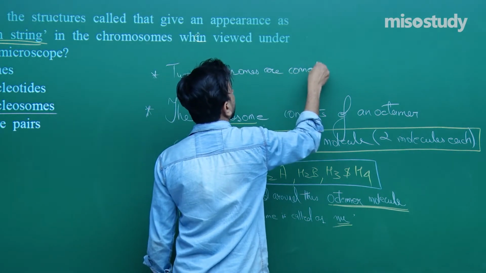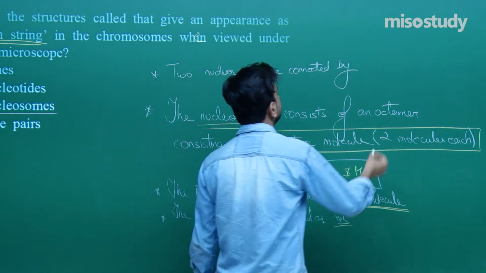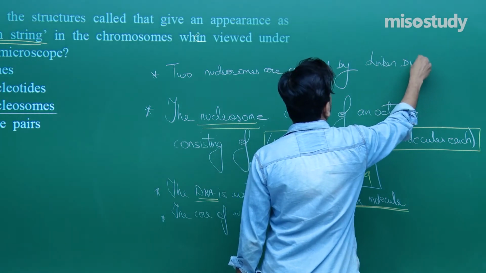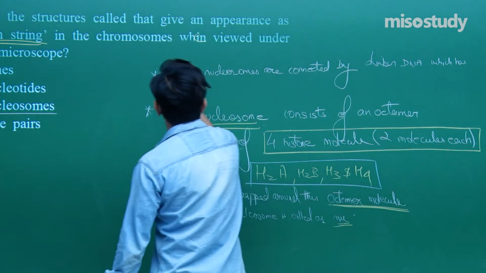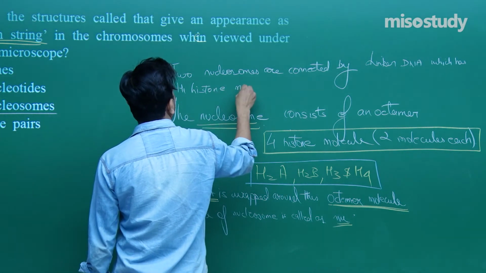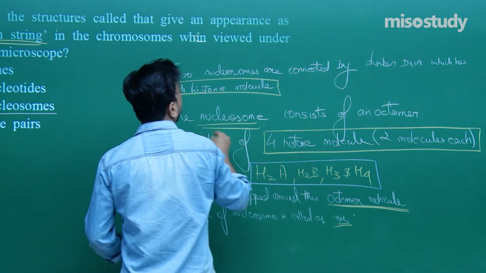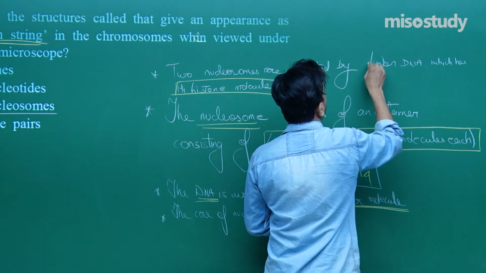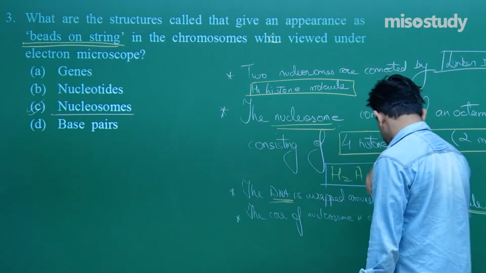Two nucleosomes are connected by linker DNA, which has H1 histone molecule. So the answer will be nucleosomes.